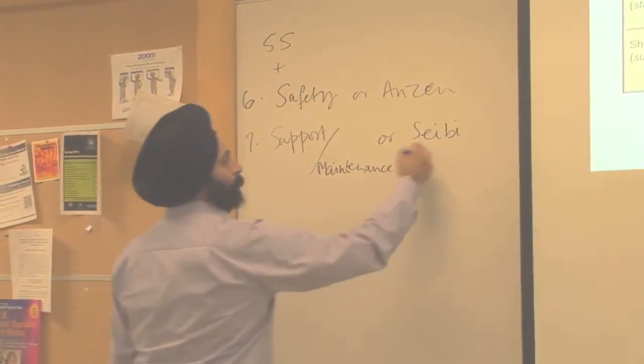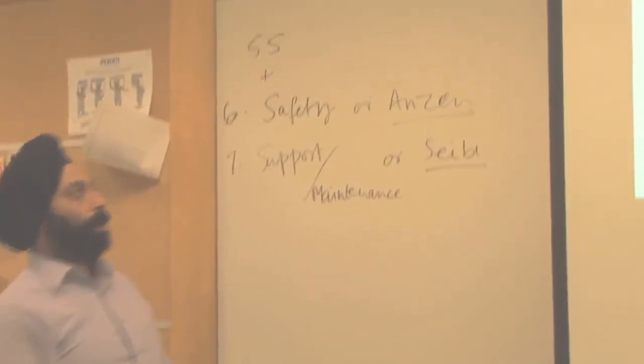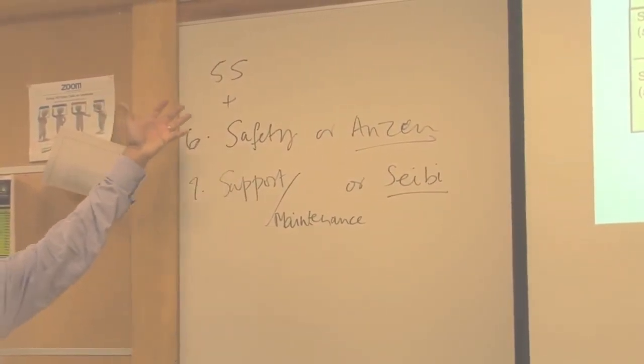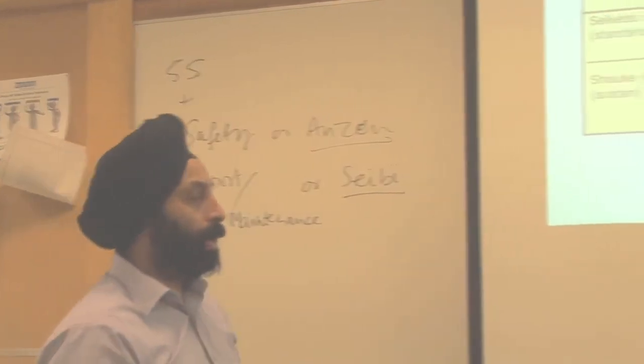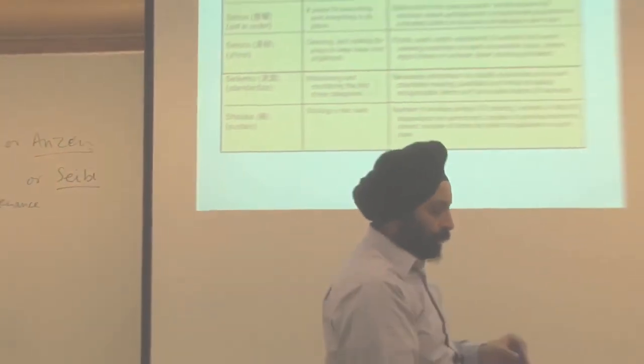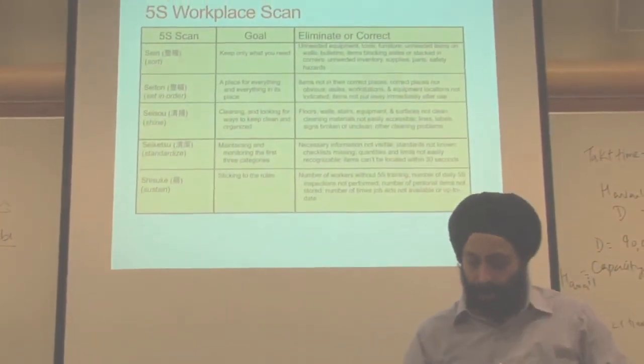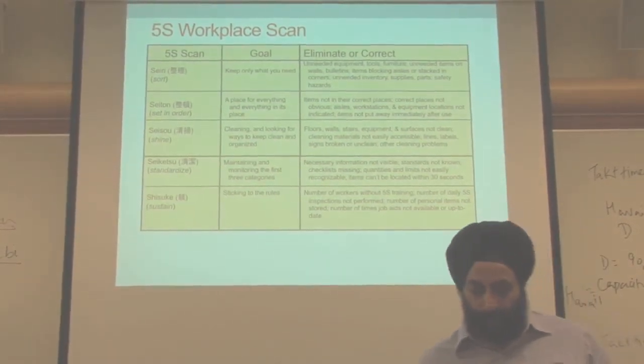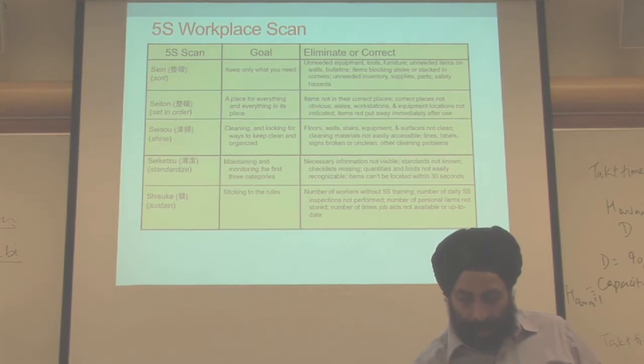So again, these are the Japanese words for these 2 additional terms to make them 7 S's, if you will, and just to have certain elements of how to make sure the workplace is set up so that the right items are being done in this case.